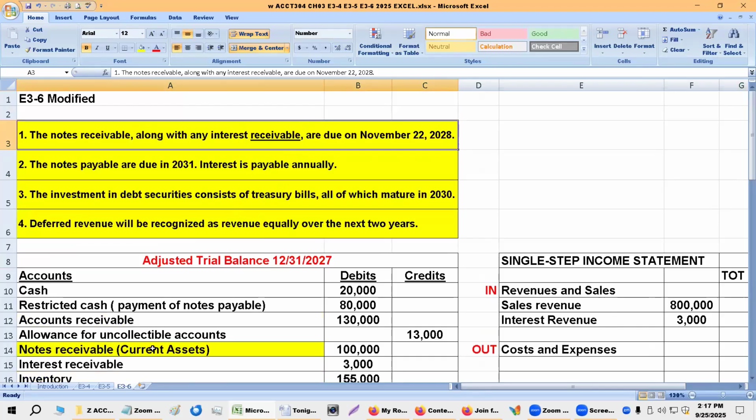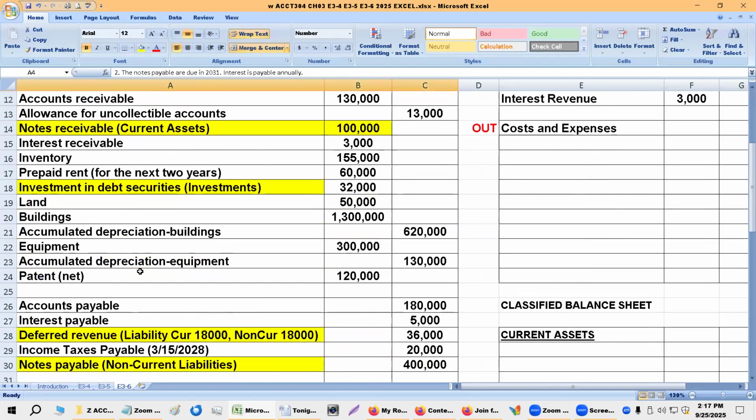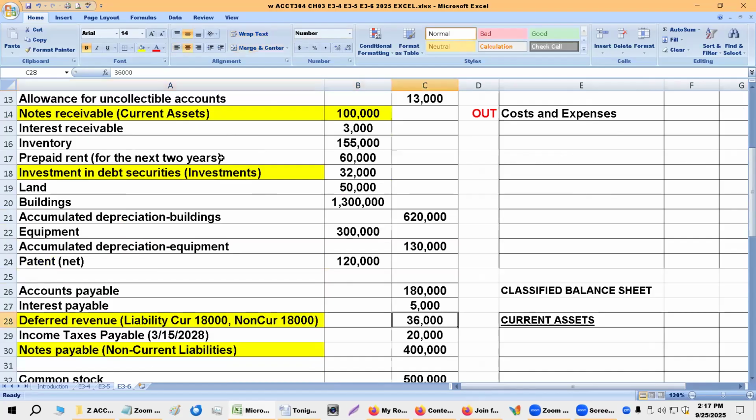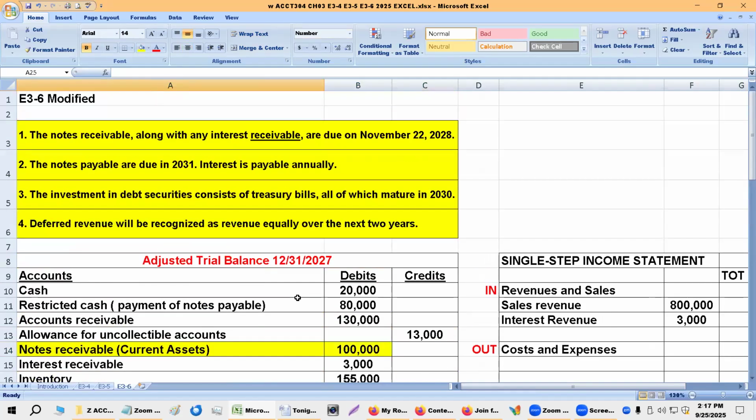All right. So first one was notes receivable, current asset, the whole 100,000. The notes payable, the 400,000, those are all non-current.